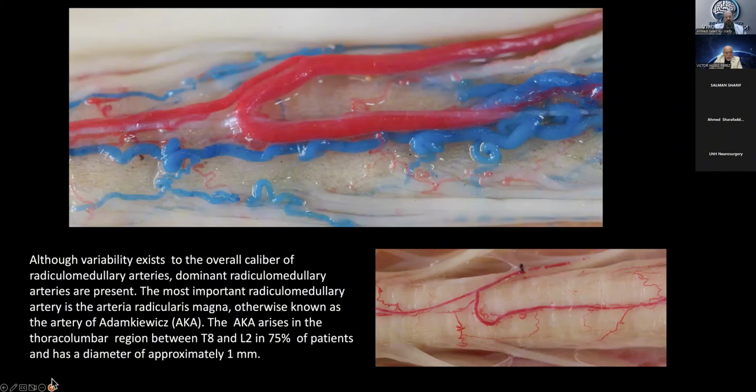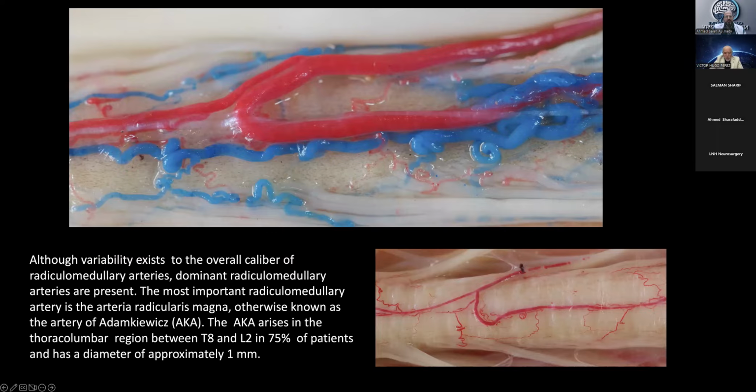This artery arises in the thoracolumbar region between T8 and L2 in 75% of patients, and has a diameter of approximately 1 millimeter. So in this picture we have this Adamkiewicz artery. It measures, as I told you, about 1 millimeter in diameter.